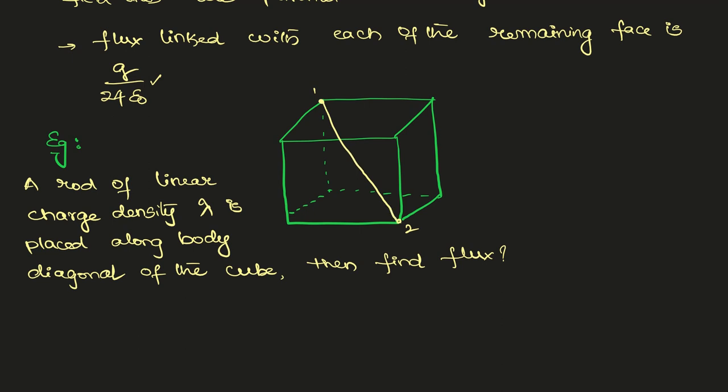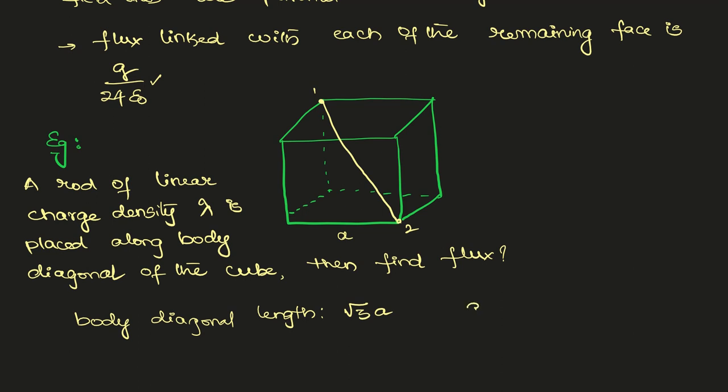So what is the body diagonal length? It will be root 3 a, if a is the side length.